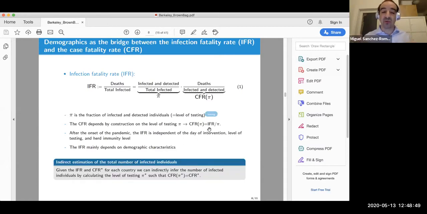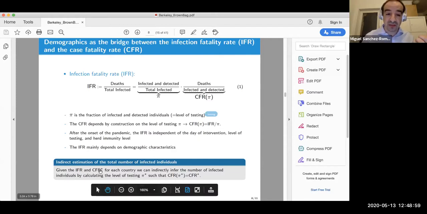So the way that we are going to indirectly estimate the number of infected individuals in principle is: given the infection fatality rate of a country and the case fatality rate reported by the government of each country, we can indirectly infer the total number of infected individuals by calculating the level of testing.